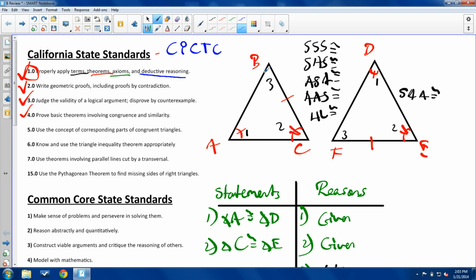So for example, even though I didn't know that angle B and angle F were congruent to start with, I could have deduced that by saying if this is congruent with that and this is congruent with that and all triangles add up to 180, then this must be congruent to that, because there's only one possible value for both of these that would add up to the same amount, right? So I could have figured it out that way.